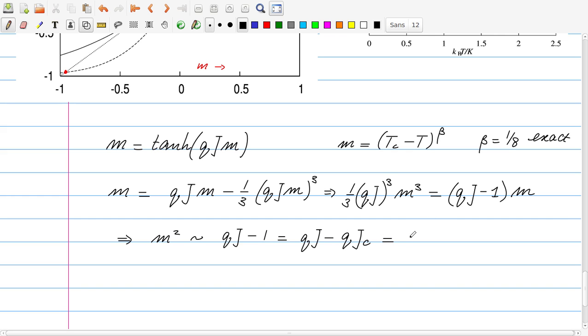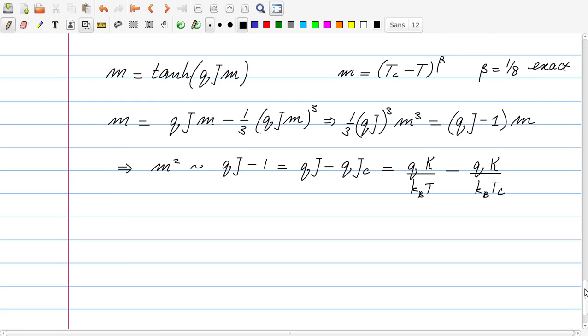And we can also write that as qJ divided by kBT minus qJ divided by kBTc. In other words, the m squared is proportional to 1 over T minus 1 over Tc.